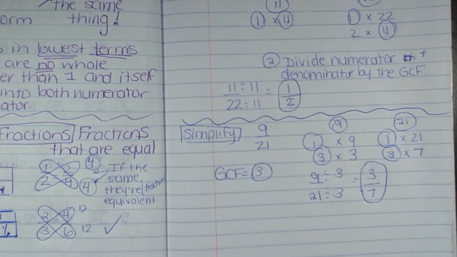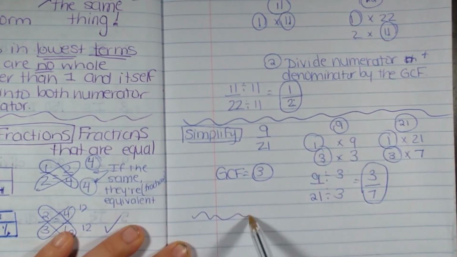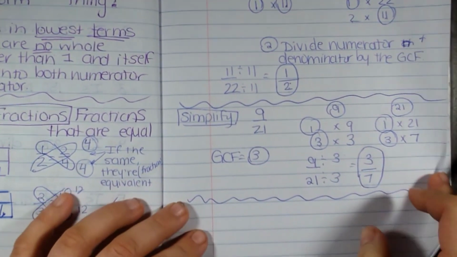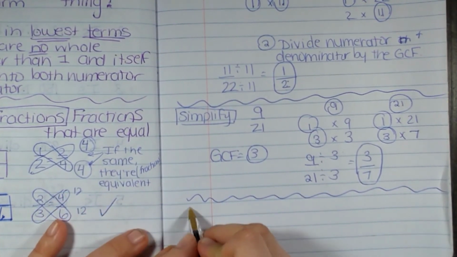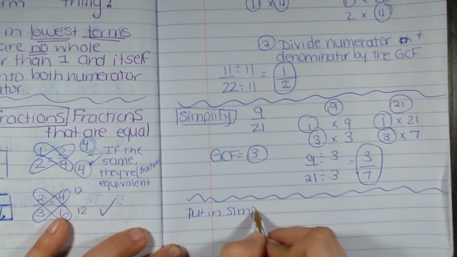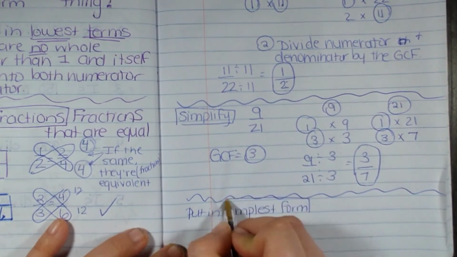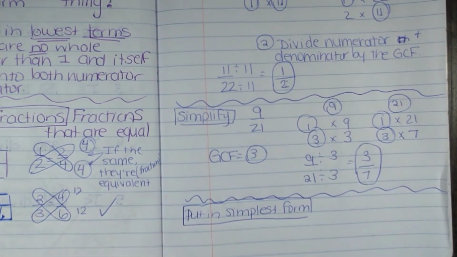Simplest terms is 3/7. All right, I'm going to do one more, and then I'm going to give you some practice to work on. Put in simplest form. Remember, that means the same thing.